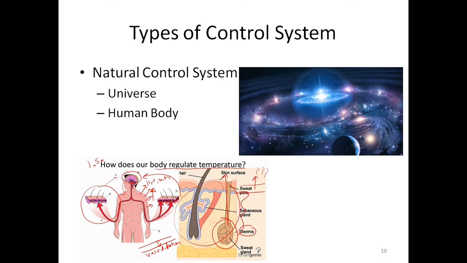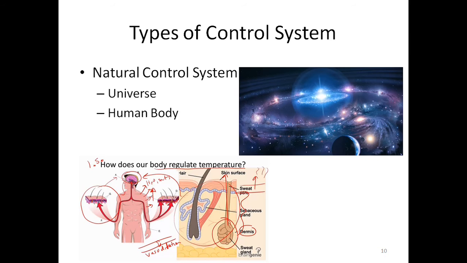Then next is types of control system. First we will start with natural control systems. The universe is the best example. Everything goes smoothly, controlled smoothly. Then the human body. How does our body regulate temperature? It always remains around 37.